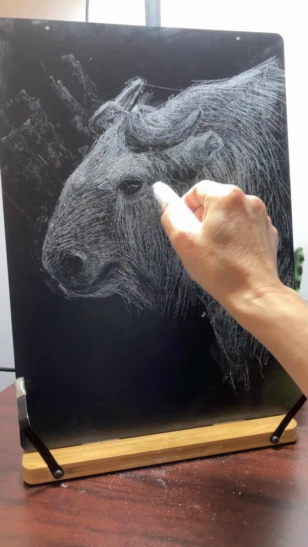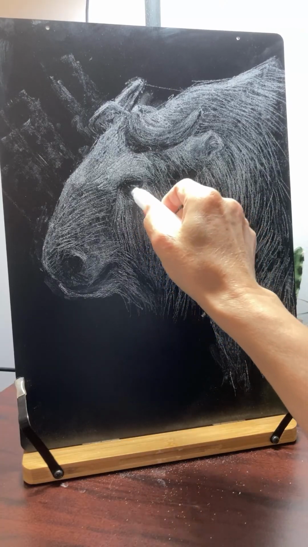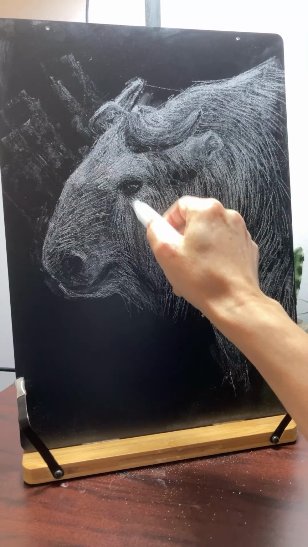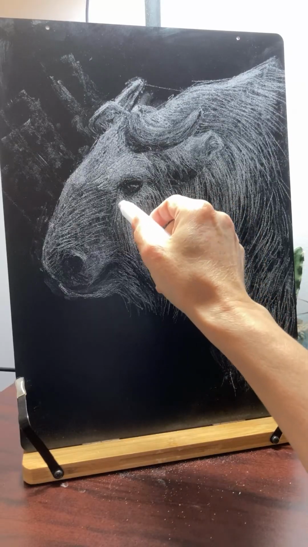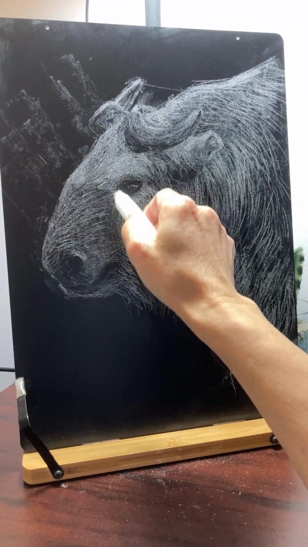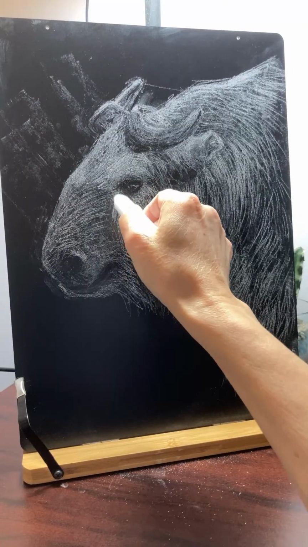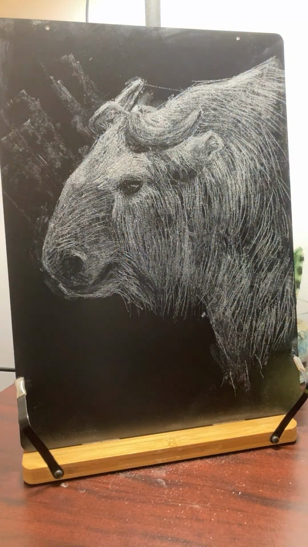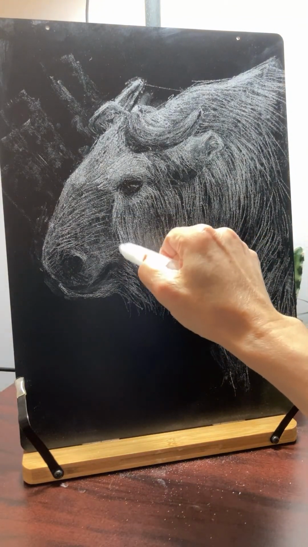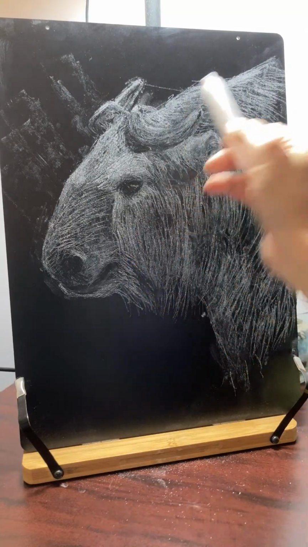This is the lower part here. This is the eye corner. Okay.